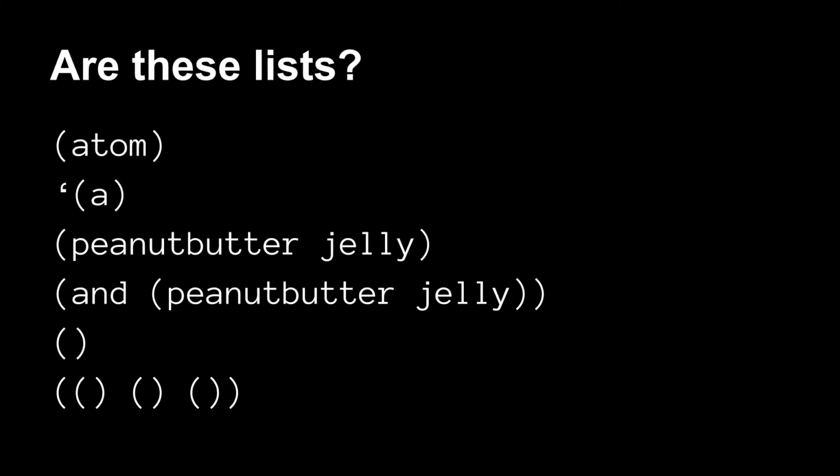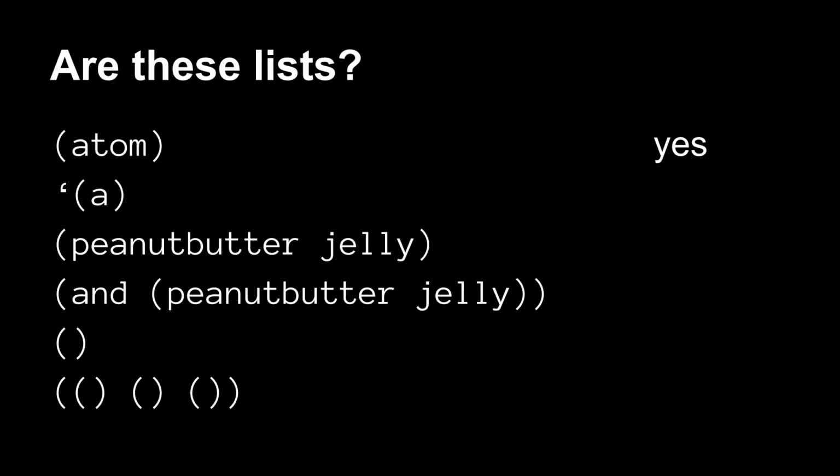What are lists? Are these lists? So, that first example is atom surrounded by two parentheses. We've already said that atom is an atom. So, is that a list? Well, yes, because it's parentheses surrounding an atom.